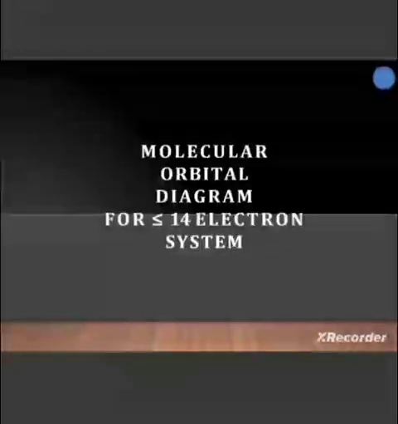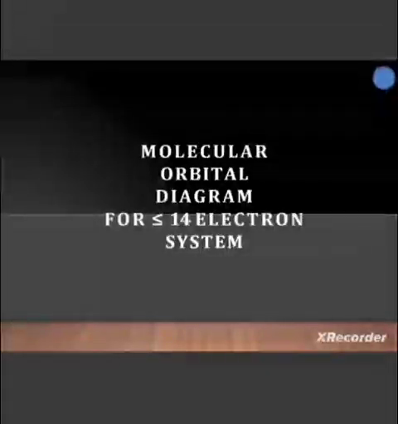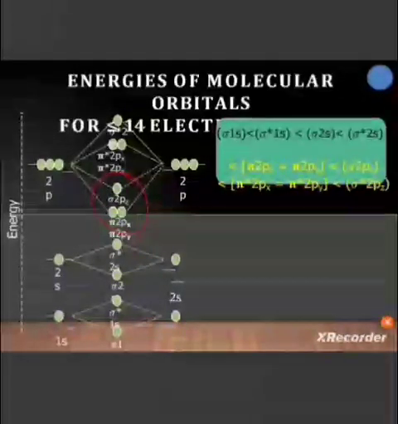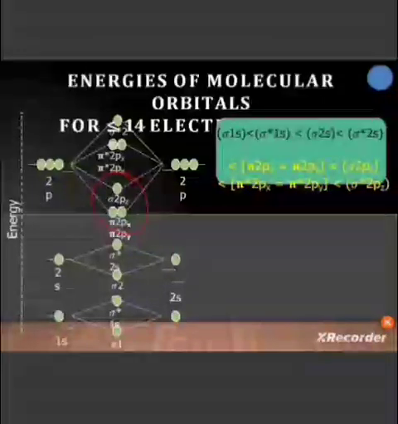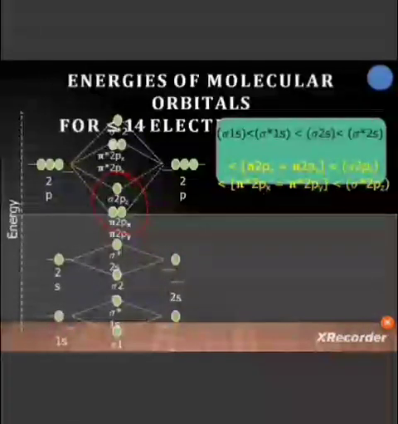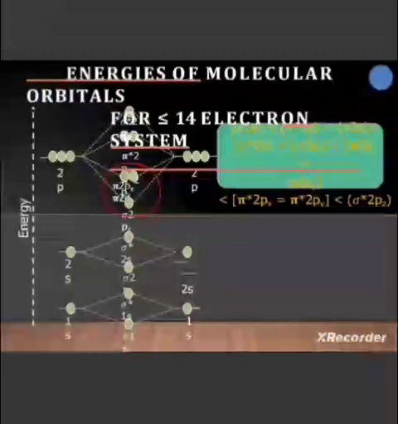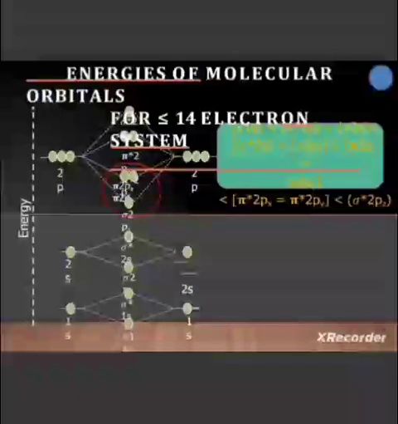Now, molecular orbital diagrams for systems with fewer than 14 electrons. We will study the molecular orbital diagrams for the O2 and N2 molecules. First, there is an example of He2.